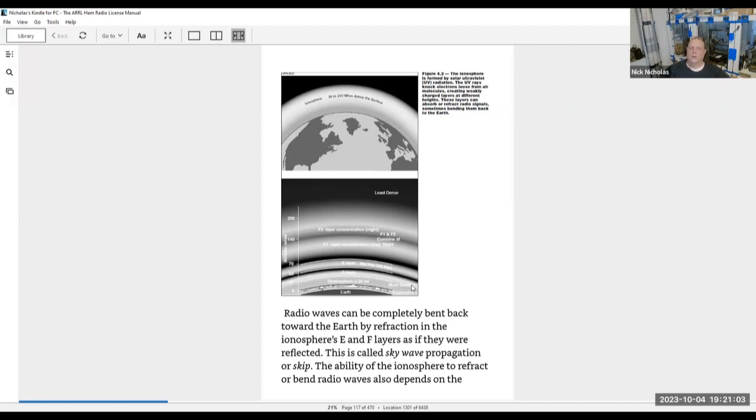Just as it says in your book, radio waves can be completely bent back towards Earth by reflection, and we call this skywave propagation or skip. Mostly we refer to it as skip, but the proper term is skywave propagation. It was little understood in the early days of radio. They thought that the radio waves were traveling through the Earth, but it has become something we've come to verify and understand.